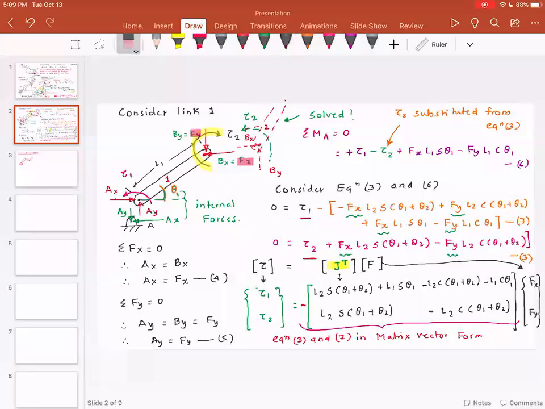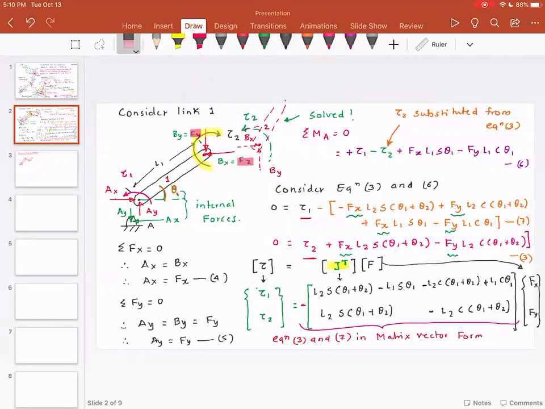L1, so this will become negative. Then Fy, L2 cosine theta 1 plus theta 2 is negative. And then L1 cosine theta 1 plus theta 2 is positive. Okay. Oh, yeah, sorry. Okay. Yep.